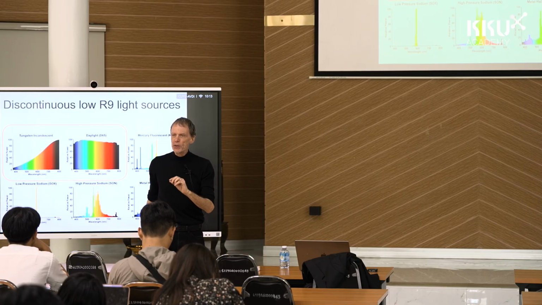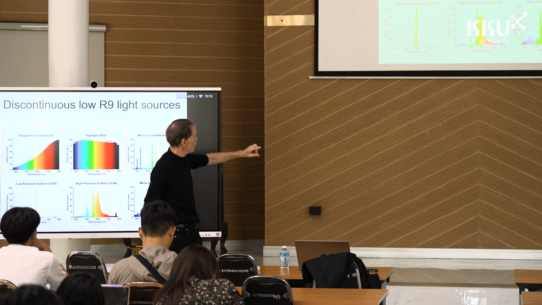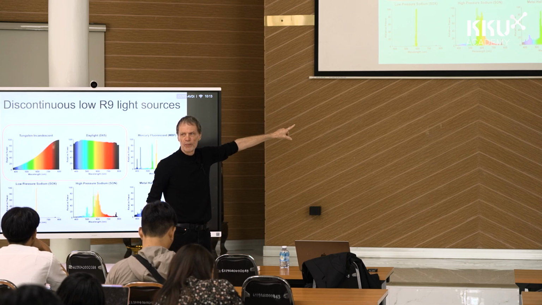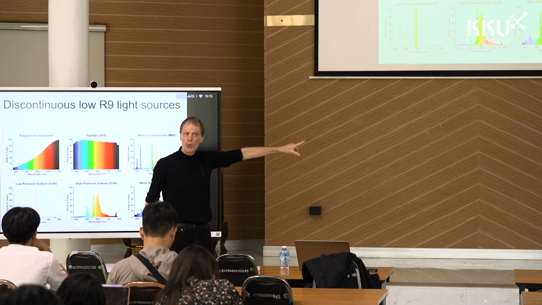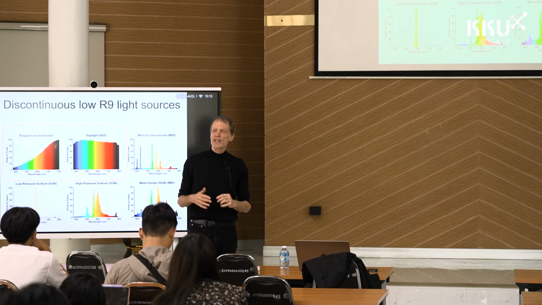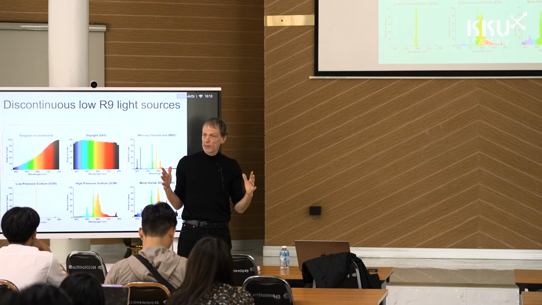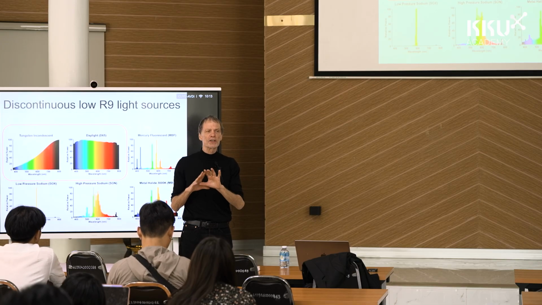However, the spectrum that we use today inside temples are the lower ones. And what's different about the lower ones? One is that they're deficient or anemic, and they're not continuous.